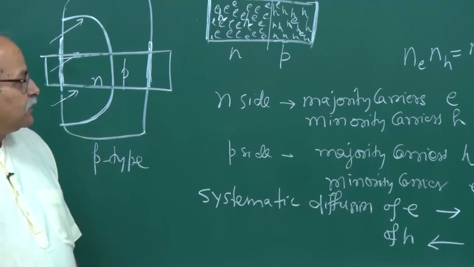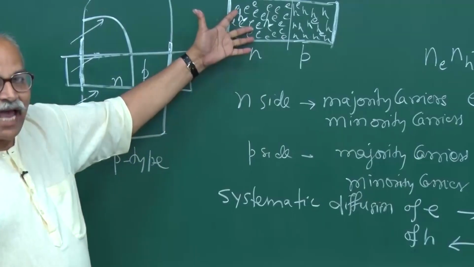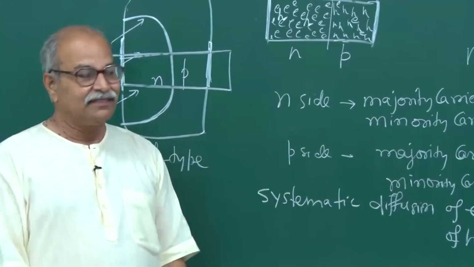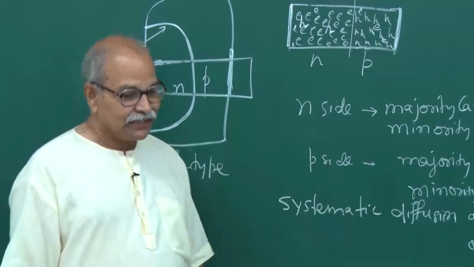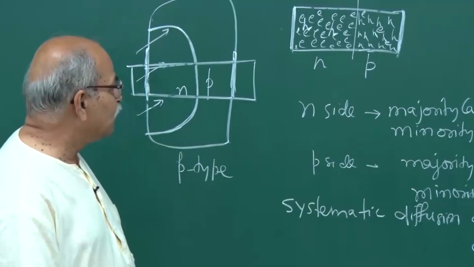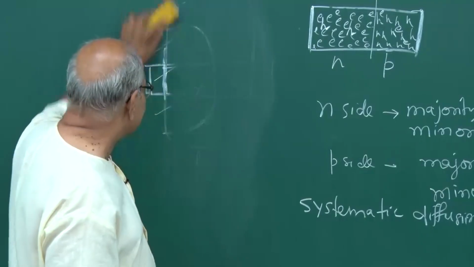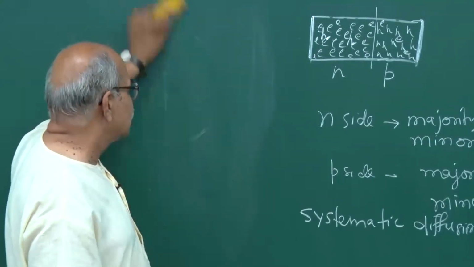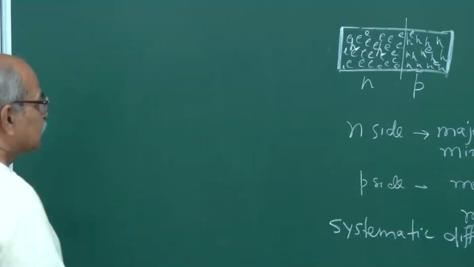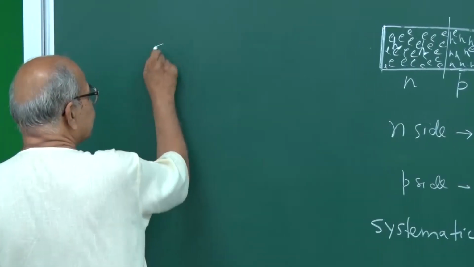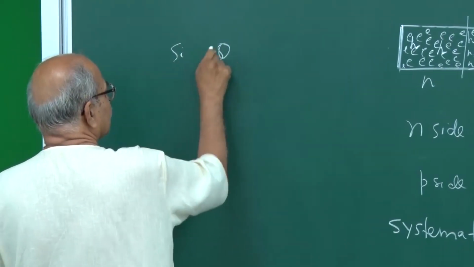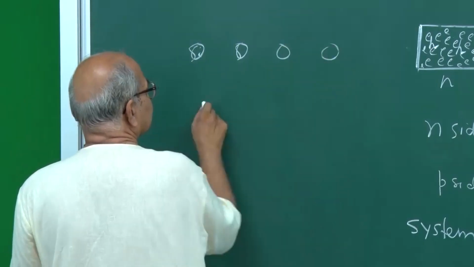And keep track of what is happening in the actual crystal. This is the diagram on which we make our discussion, but if you think of the actual silicon crystal, keep that also in mind, so that that physical connection is not lost. So, you have all those silicon atoms.